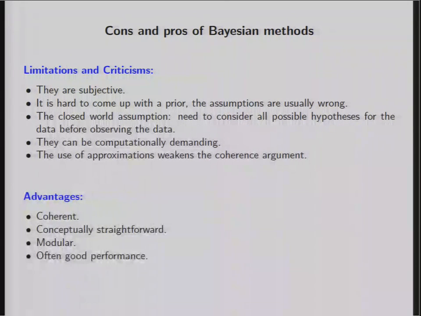So it's conceptually straightforward. It's very modular, and this is actually, from a practical point of view, quite interesting. For example, if I have a speech recognizer and I interface it with a language model, and I also have an acoustic model, now my language model is a probabilistic module, a component that predicts the probability of the next word given the previous words.